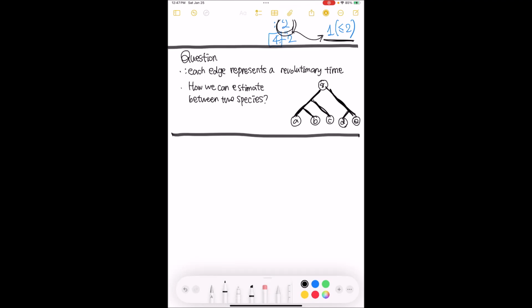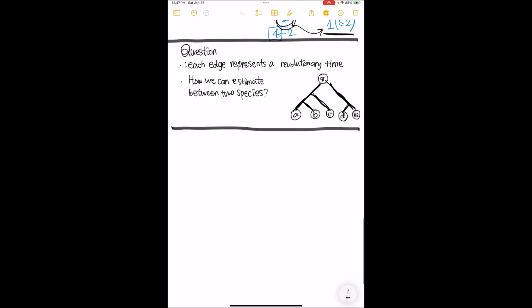Okay, the next question is, as I said, each edge or branch represents a revolutionary time. Based on this revolutionary time, as I said, when we compare two species, A and B and C and so on, we can estimate the distance between two species.